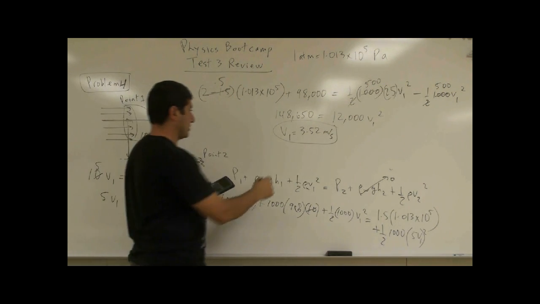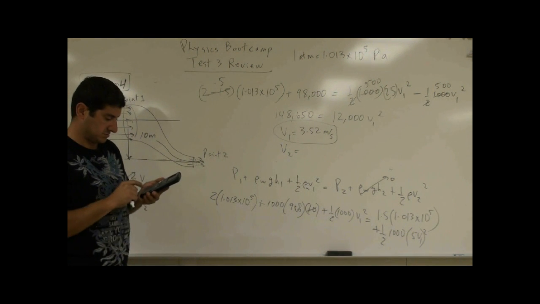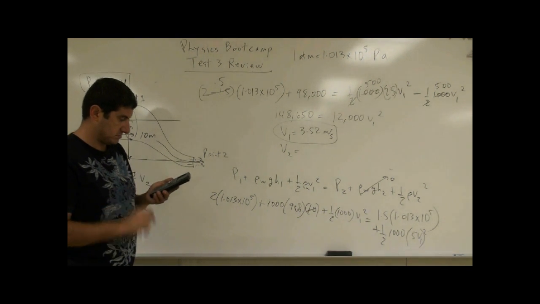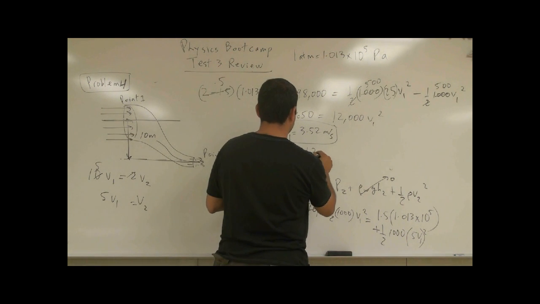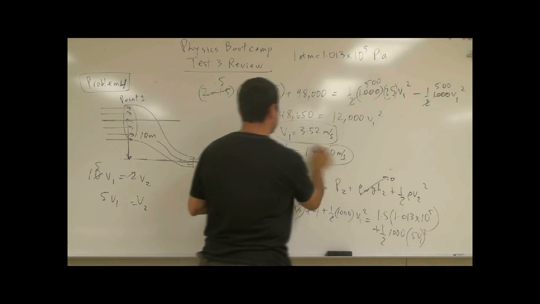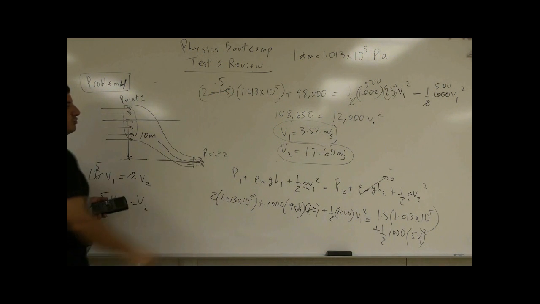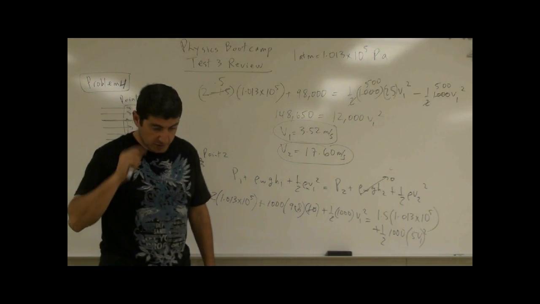V2 must be equal to what? 5 times that. 17.60 meters per second. So this one's going to be going 3.5. This one's going to be going 17.6, much faster.